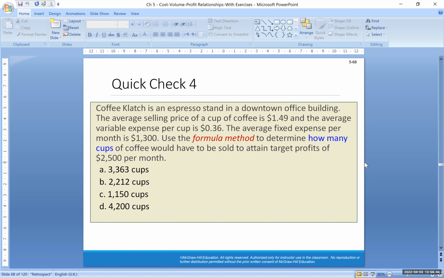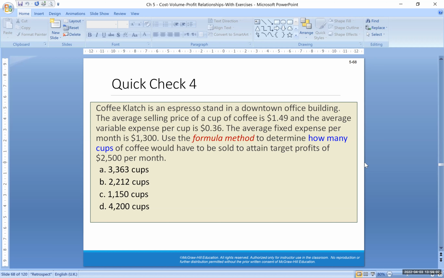The average fixed expenses per month is $1,300. Use the formula method to determine how many cups of coffee would have to be sold to attain a target profit of $2,500 per month.